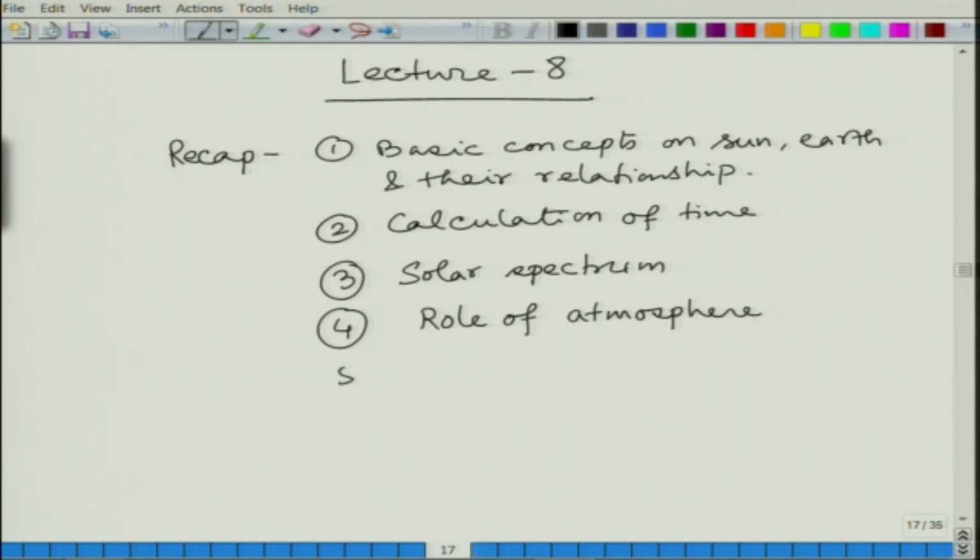Next we also covered the prediction of radiation availability.